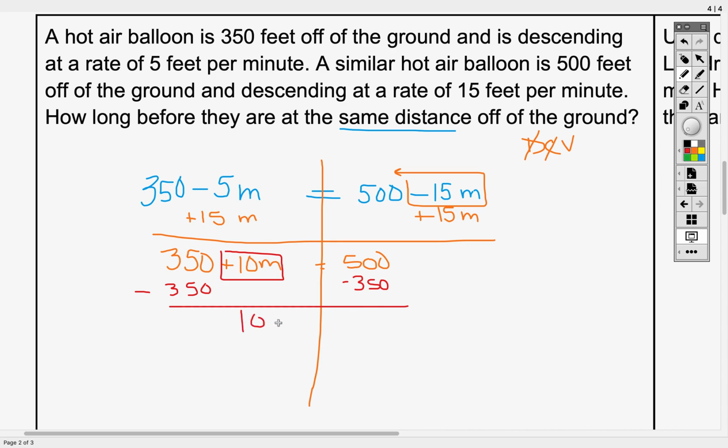Bring down the variable term, bring down the math, opposite operation. The m is equal to 15. 15 minutes. Okay.